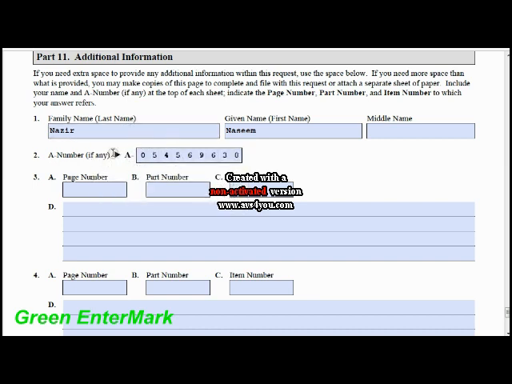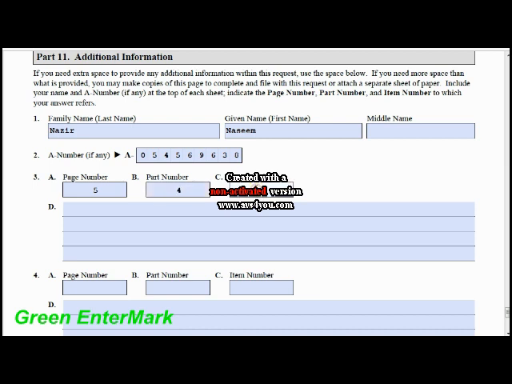Your information automatically comes from the upper side. You have to mention the page number on which you are running low on space, just like page 5, part number 4, item number.